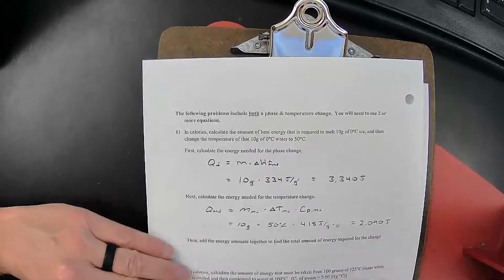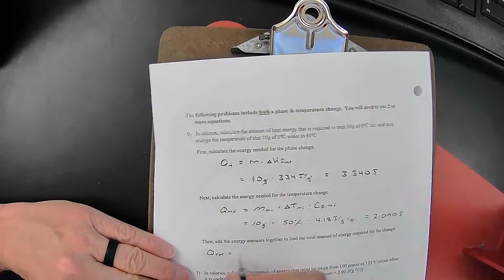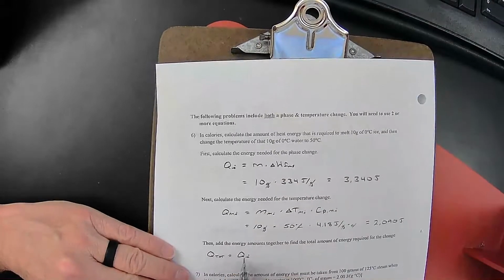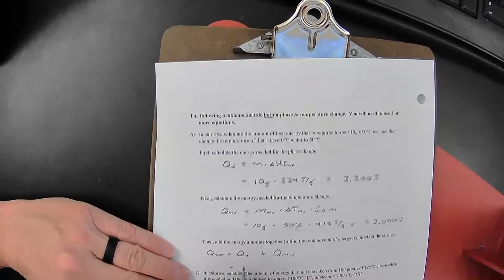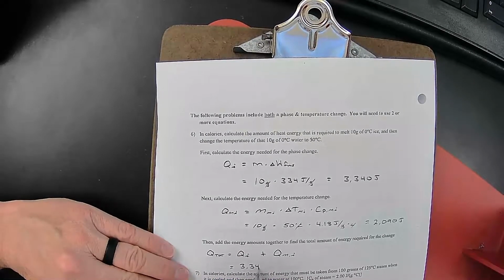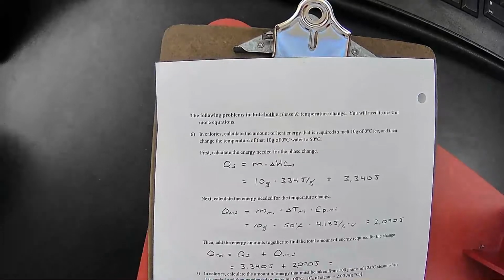2,090 joules. So our total amount of energy is Q, the amount of energy to melt the ice, plus the amount of energy to change the temperature of the melted ice. So we end up with 3,340 joules plus 2,090 joules.